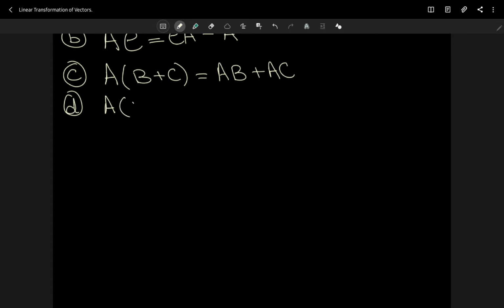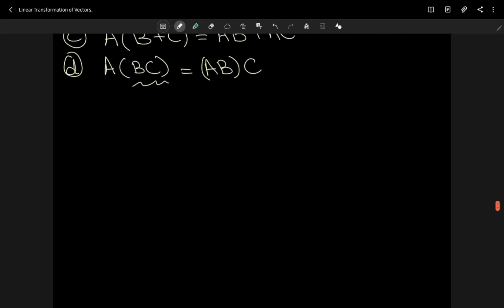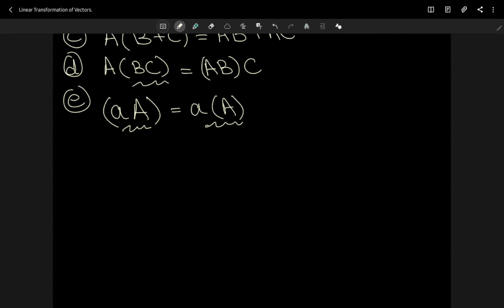A times (B times C) in brackets is the same thing as if I were to do first A times B and then act it on some C. And the last one is some scalar a acts on A is the same as if A acts on a, right? So these two are the same, where of course this small a is a member of, or belongs to, the field F.